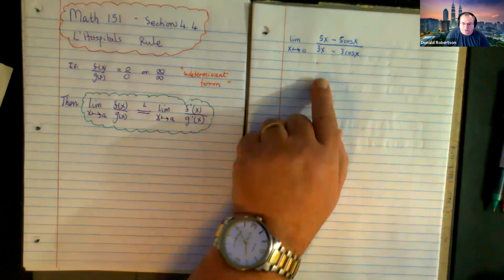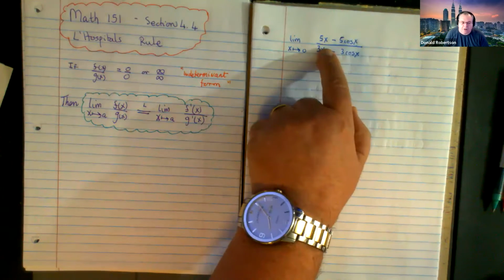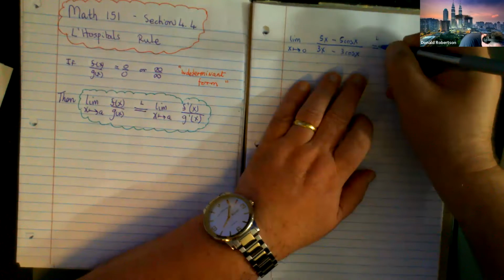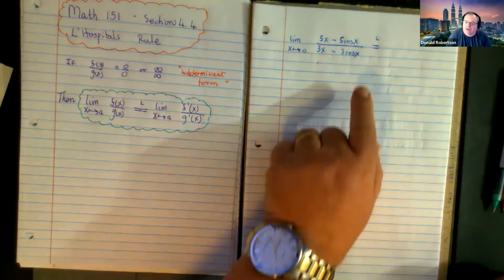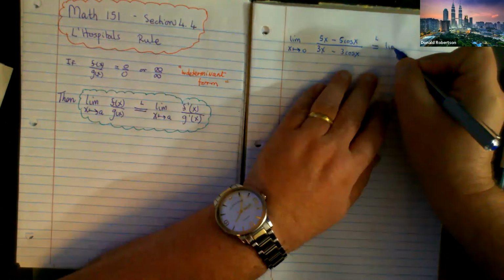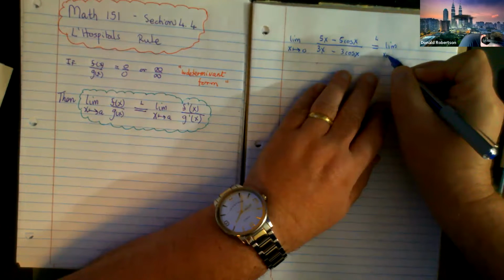And if you evaluate this, the top is 0, the bottom is 0, we're good to go. You put in an equal sign with a little L above it. That's normally the convention, so people know what the heck you've just done. What you're saying is, I am using L'Hospital. So it's going to be the limit as x tends to 0.